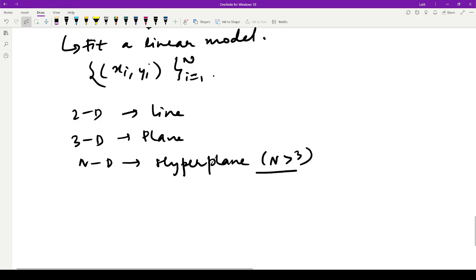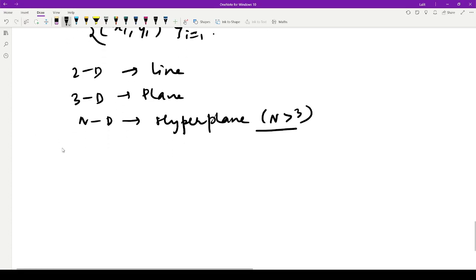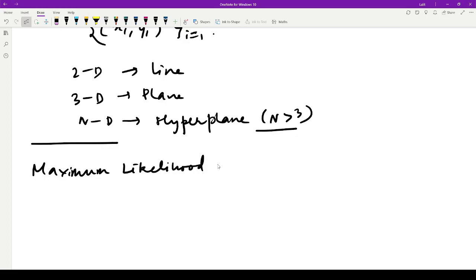Based on Bayes theorem, there is the maximum a posteriori estimate and the maximum likelihood estimate. For maximum likelihood estimate, what do you do for classification?